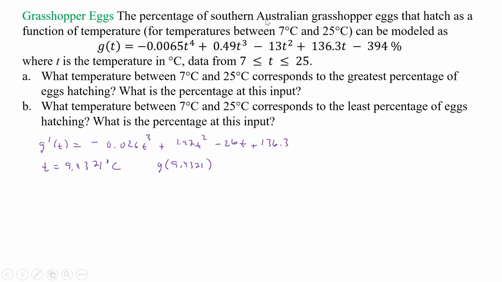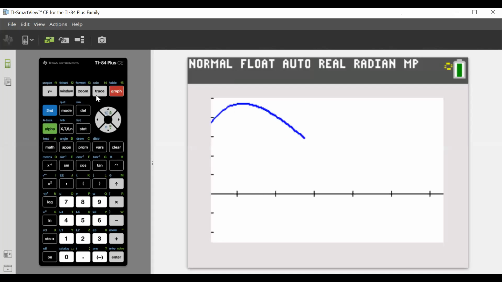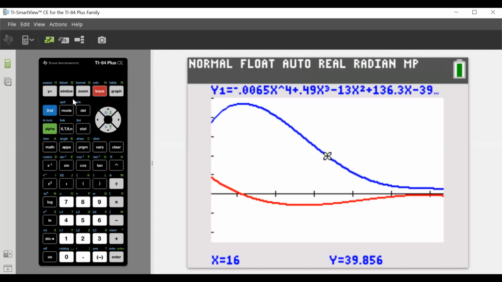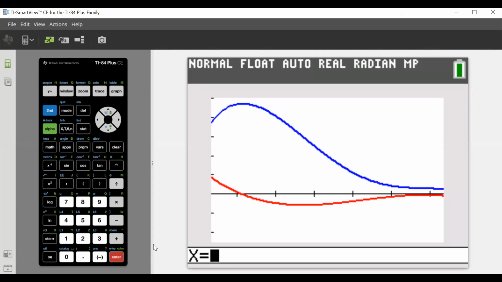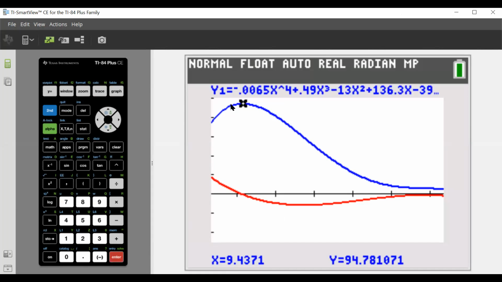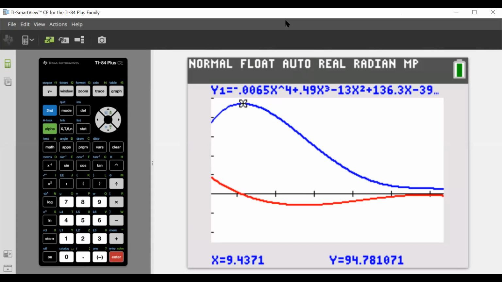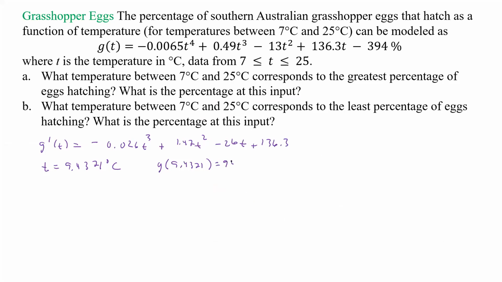So now we go back over here to our graph and we do a calc value, and if we put in 9.4371, we get 94.7811. So that's 94.7811 percent at that degree. So at that degree, we get that much percent hatch from our eggs, okay?